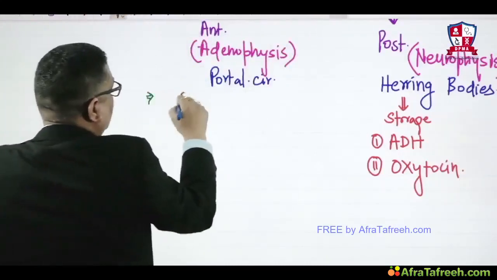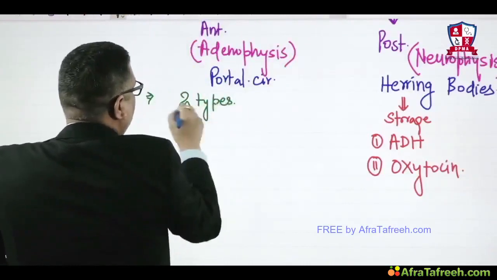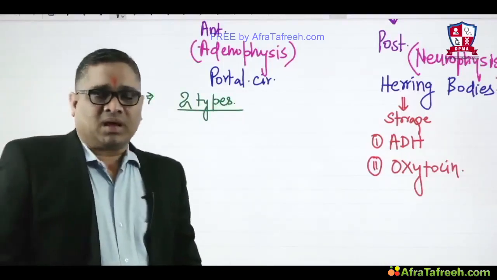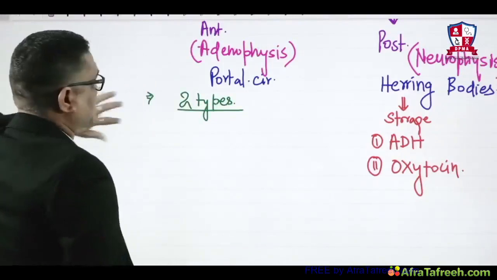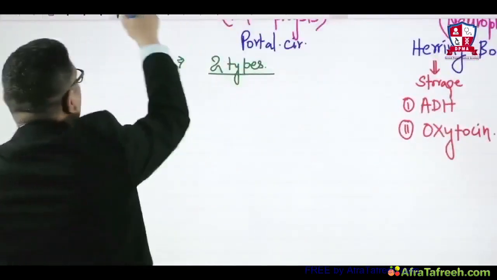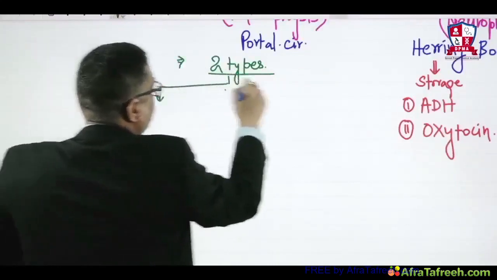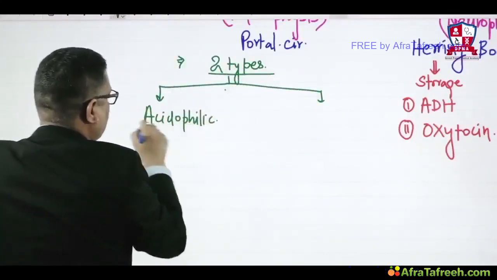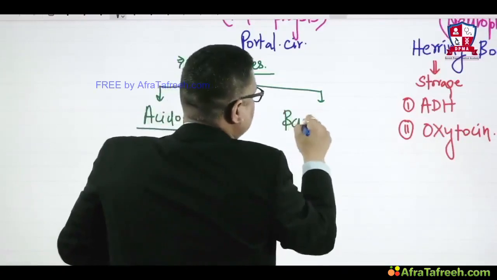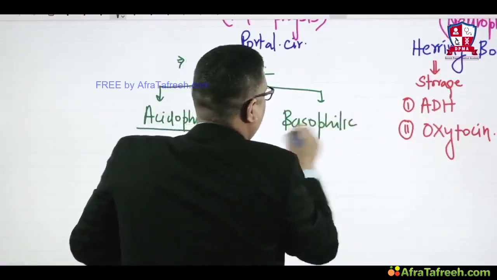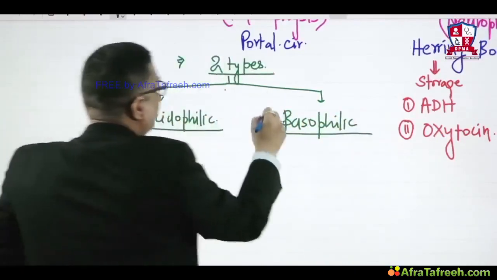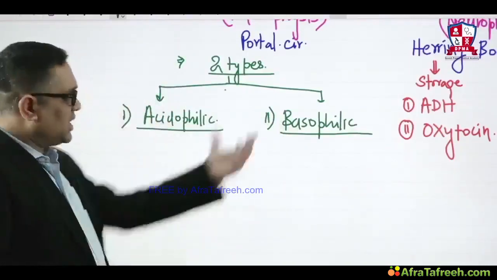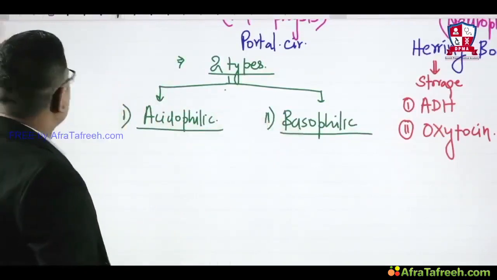Heterogeneous means there are two types of cells present in the anterior pituitary: one is acidophilic and another is basophilic. Acidophilic, or eosinophilic, is pink in color, and basophilic means blue in color.